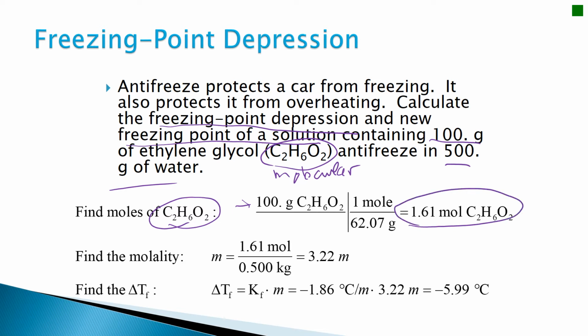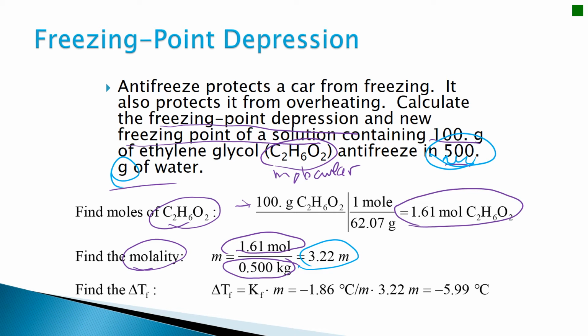Your next step is to find the molality. We know the moles of the solute. We're going to divide it by the kilograms of the solvent. Notice in this problem, I gave you 500 grams, which means I need to convert it into kilograms. So you just move that decimal over 3 times, and you get 3.22 molal. Then to find the delta T, or the change in temperature, you take that constant for freezing point of 1.86, multiply by its molality, and you get a negative 5.99 degrees Celsius.